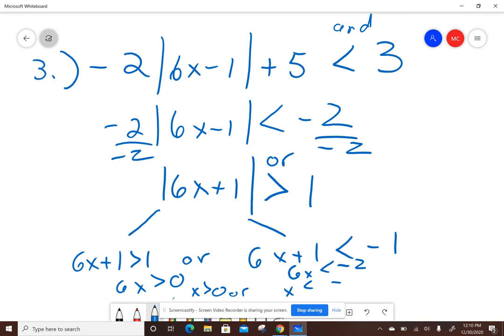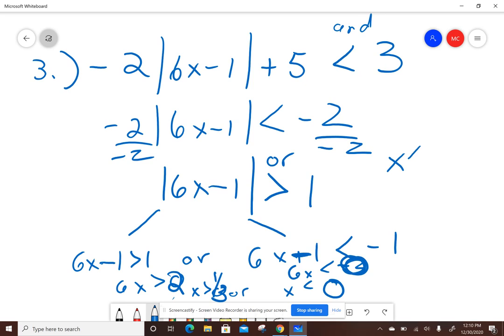Wait a minute, I copied this wrong. So for those of you who are astute enough to realize that should be a negative, sorry about that. So that's a negative. This is 6x is greater than 2. X is greater than 1/3. And this is minus, so that becomes 0. And this is x is less than 0. So sorry about that.